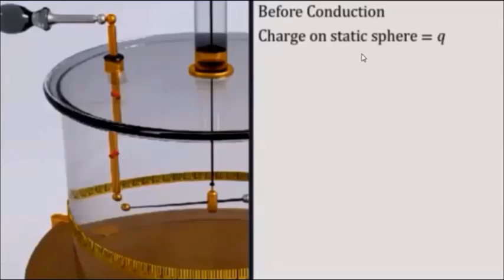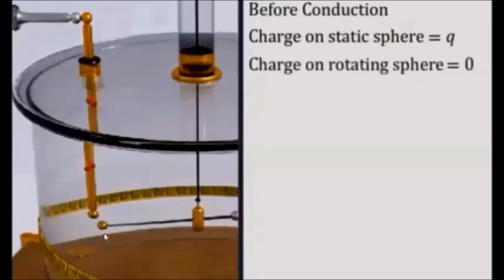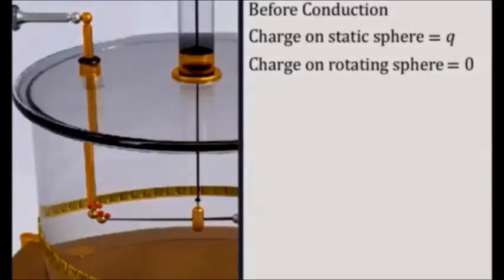So the initial charge on the static metallic sphere is Q and the initial charge on the rotating metallic sphere is 0. Now, the rotating metallic sphere is brought in contact with the static sphere using the micrometer screw.